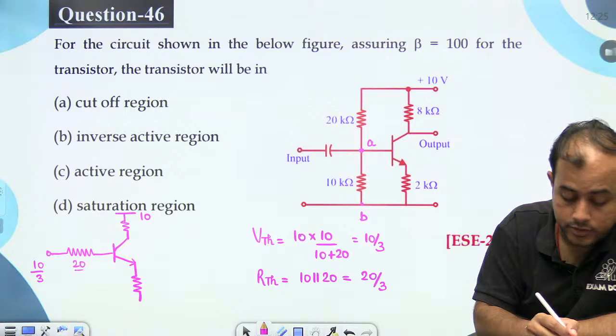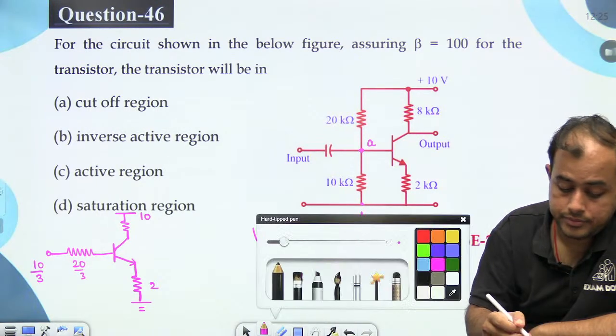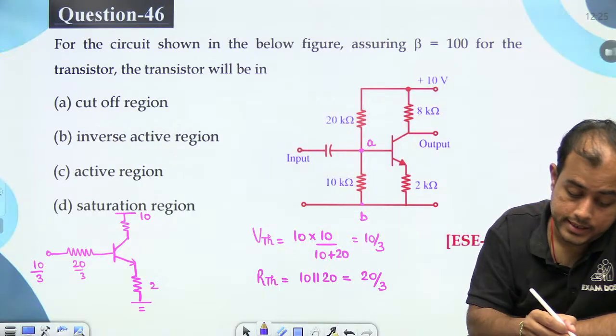So we just have to decide between saturation and active. So beta is 100.